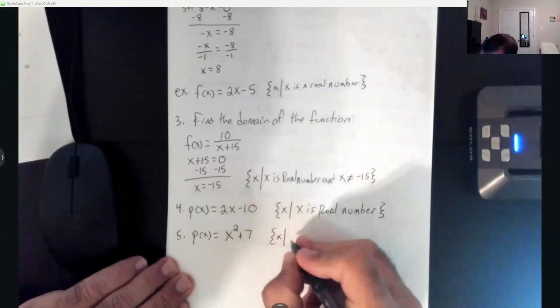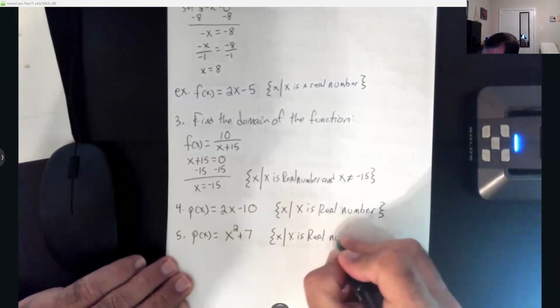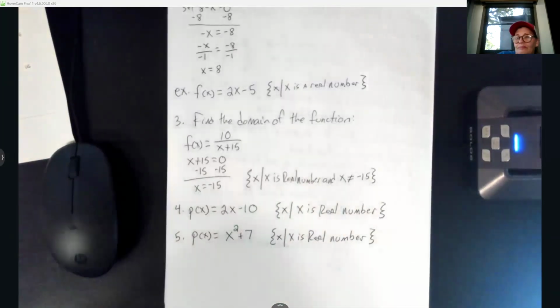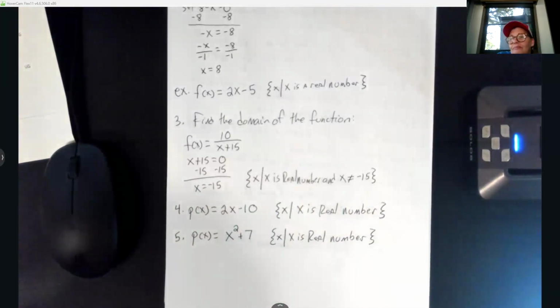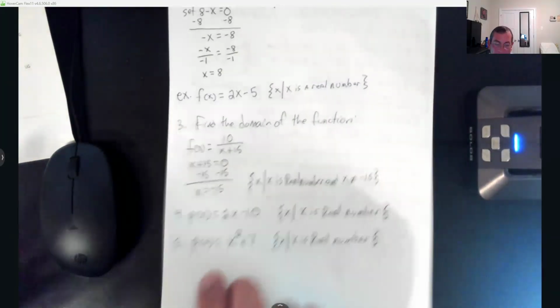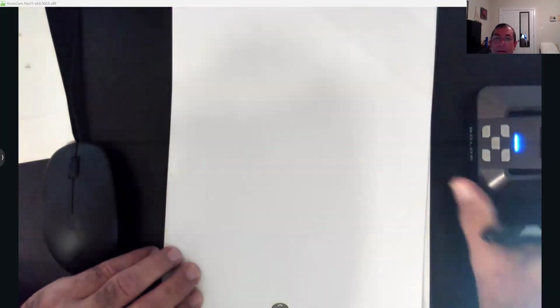X such that x is a real number. All right, y'all. So let's continue on. There's only 8 problems in this section. So it's not real bad. Let's see. This one will be like number 6 here.